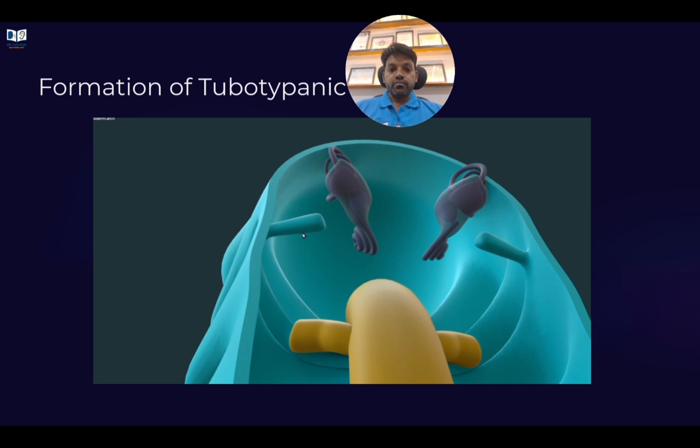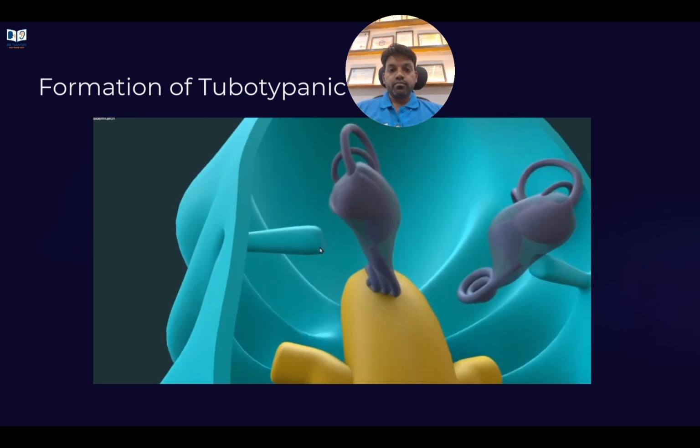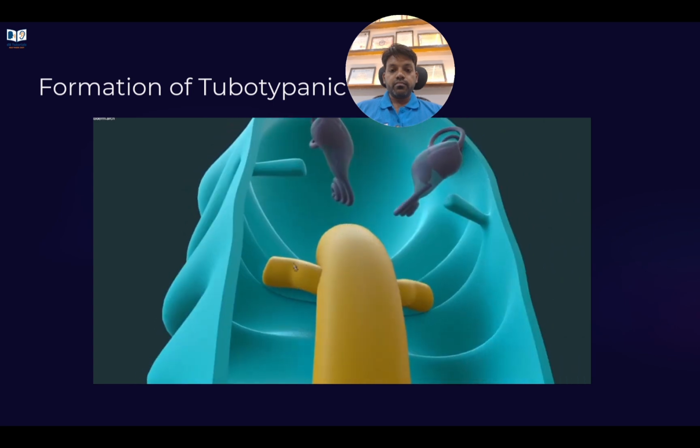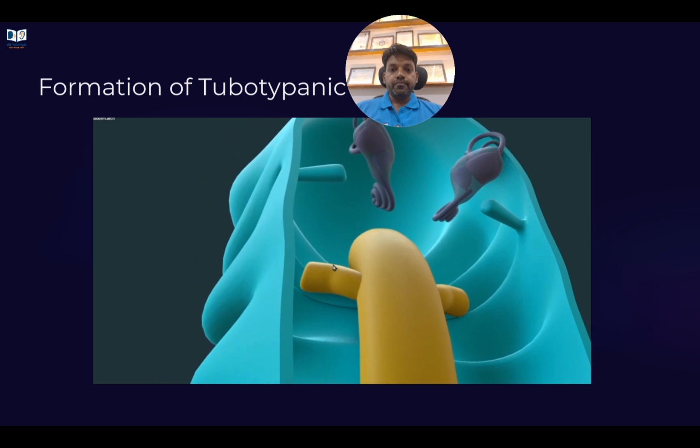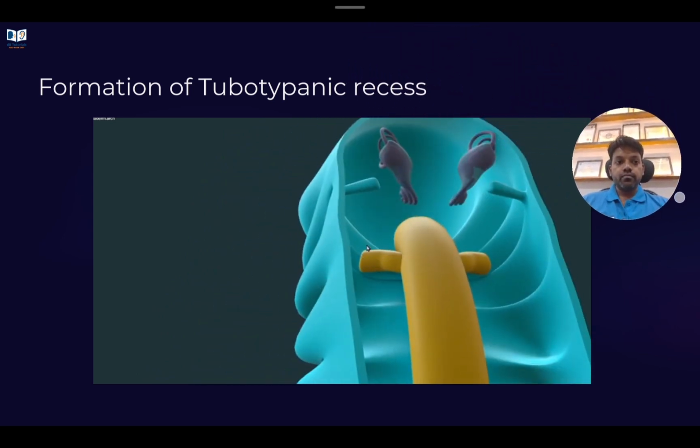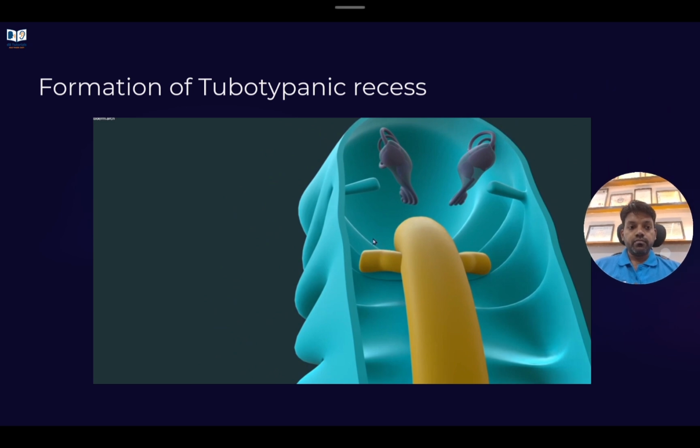To fill this gap, this first pharyngeal pouch will render its services here. It will say, okay, don't worry, I am here. I will extend up to here to form another cavity. Let me show you the animation and then it will become very clear. As this first pharyngeal pouch begins to extend towards here, this extension is now called the tubo-tympanic recess.